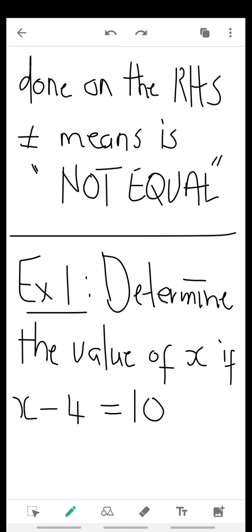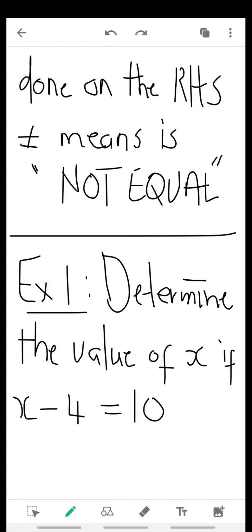But we are not using inspection, we want to use additive inverses. So the question would be, how do I remain with x alone on my left-hand side? Because to determine the value of x is to have x on its own on one side and the value of x on its own on the other side. So to get rid of the minus 4, I will have to add the additive inverse of minus 4 on both sides.